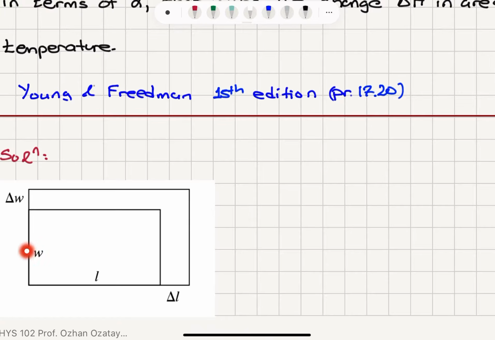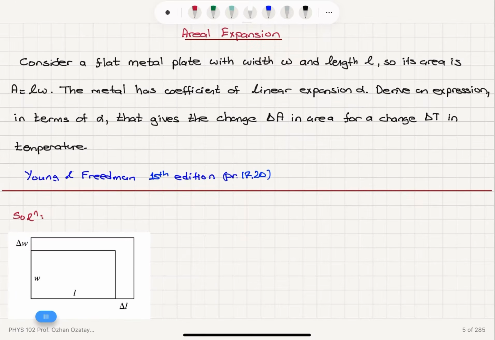W plus delta W. So initial area, A initial, is LW. This is before expansion.